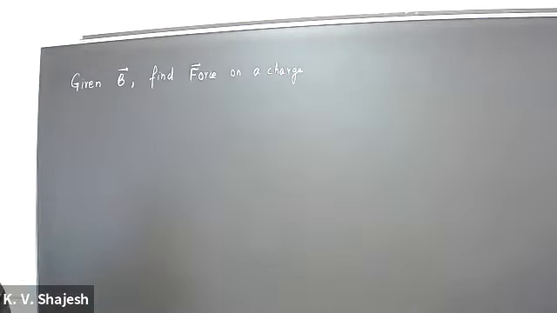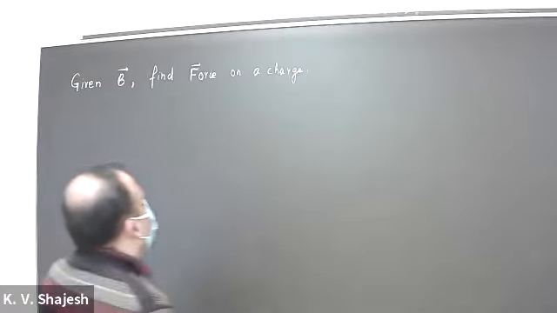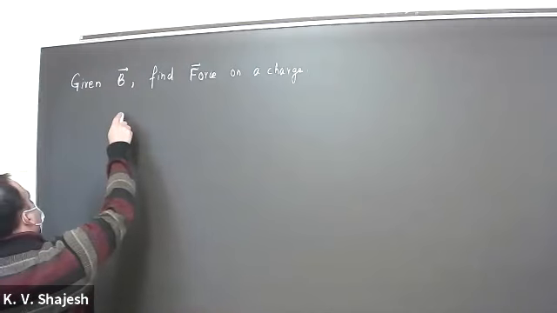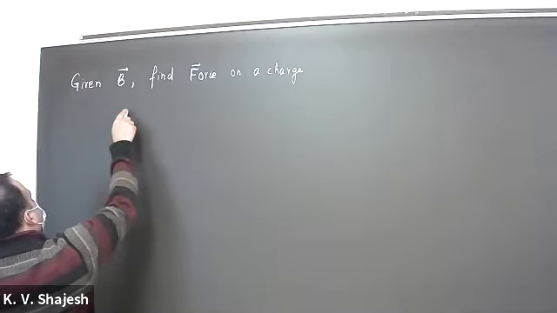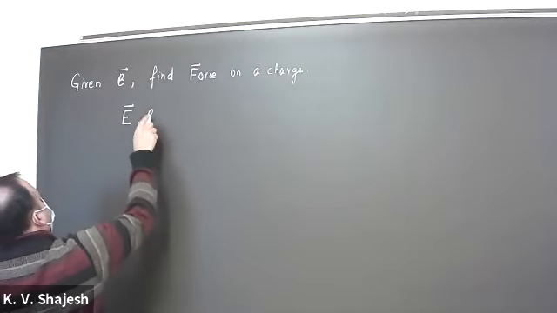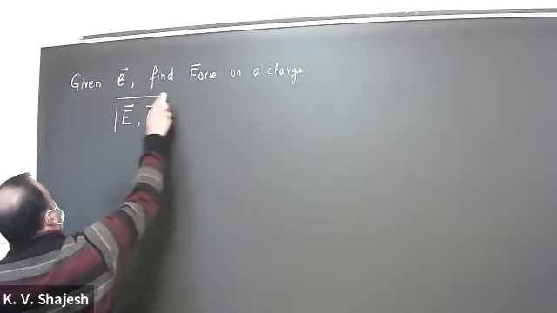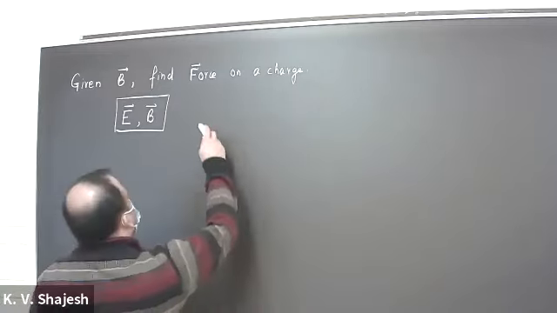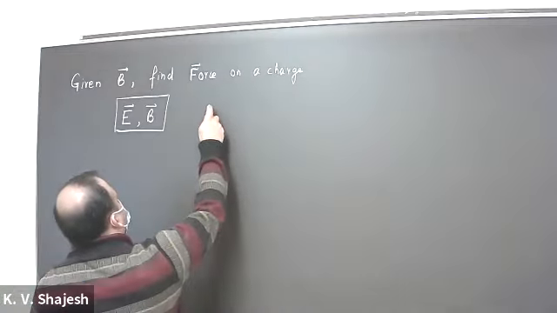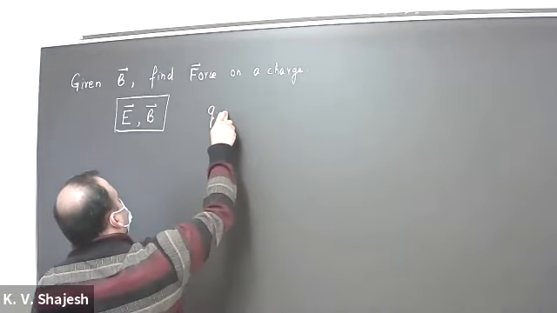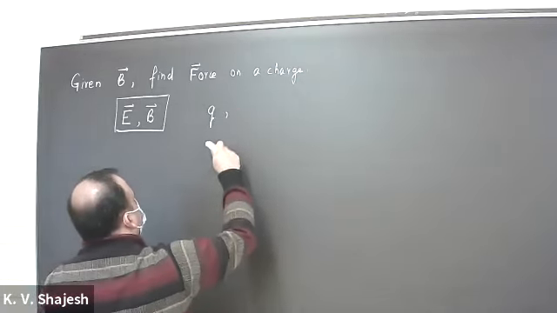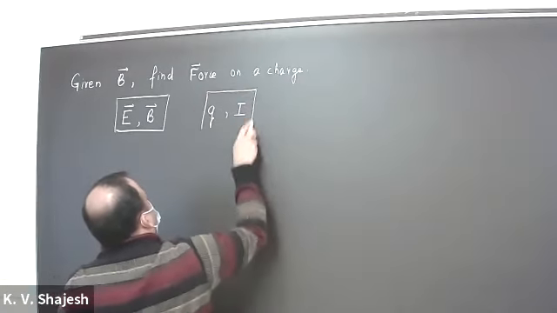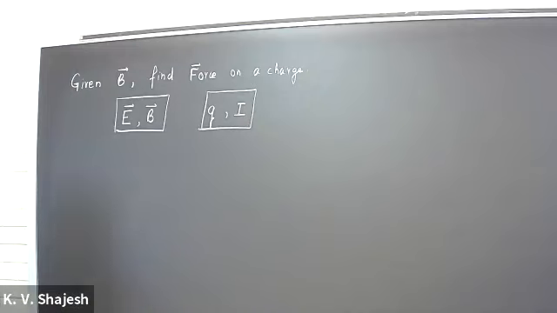What does that mean? There are two entities here. There is electric field and magnetic field. That's one set of quantities, and the other set of quantities is charge, called Q, and there is a current. That's another set of quantities.